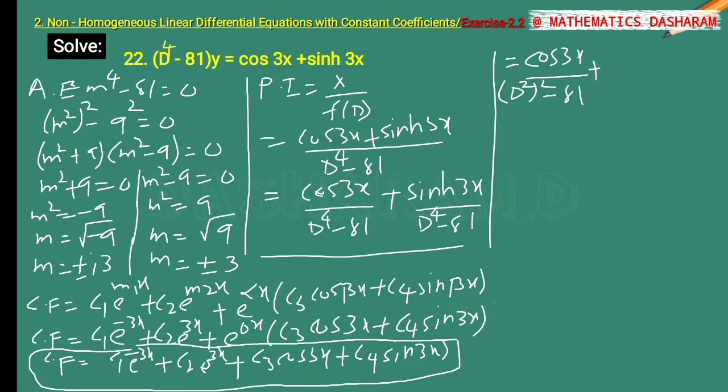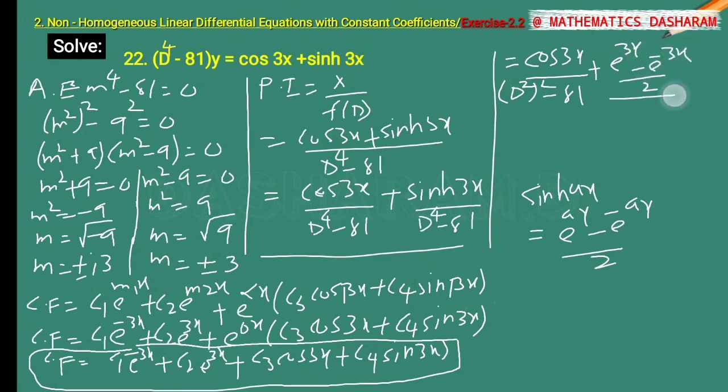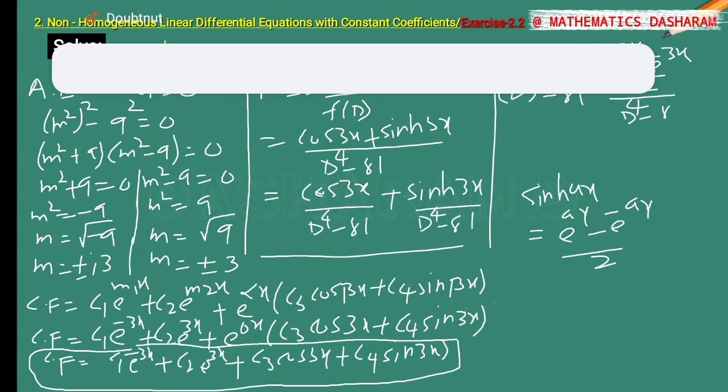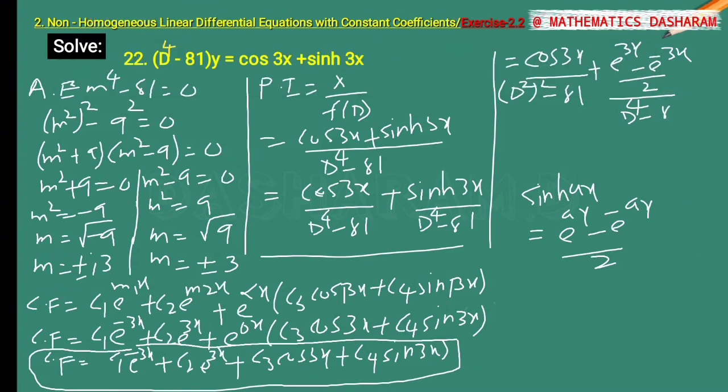next plus sinh 3x. The sinh ax formula is e to the power of ax minus e to the power of minus ax by 2. So then here e to the power of 3x minus e to the power of minus 3x by 2 by D to the power of 4 minus 81 squared, that is D square plus 9 into D square minus 9.